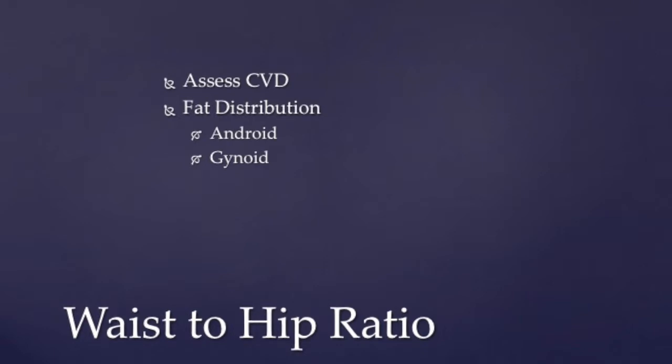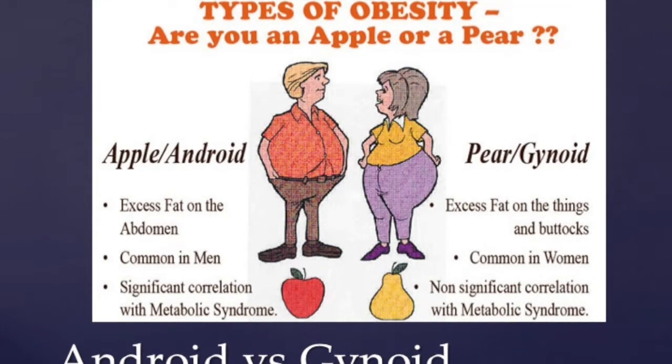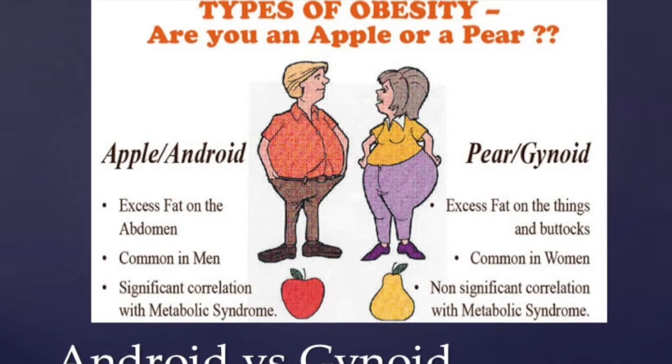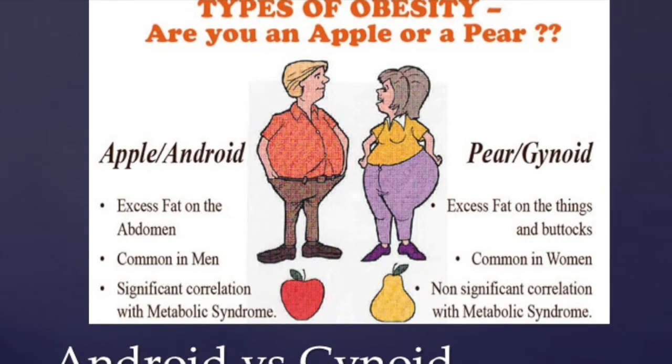Do you know the difference between android and gynoid obesity? Well, android is known as the apple shape, which also is prevalent in the male population. This is described as excessive body fat in the abdomen area, and it has a significant correlation with metabolic syndrome.